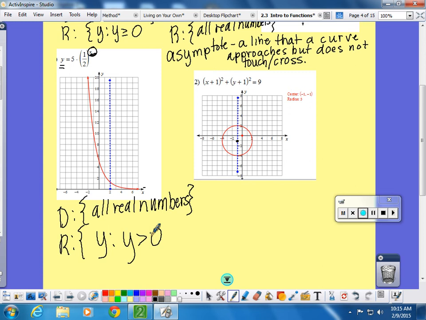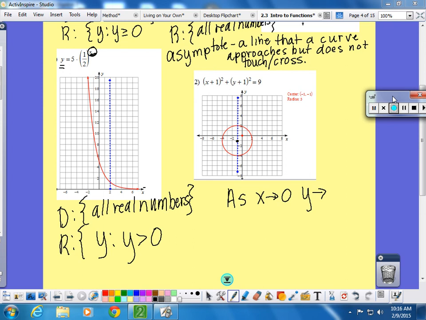This is getting way ahead of the game, but we would say on this curve right here, as x approaches zero, doesn't get there, what does my curve do? It doesn't get curvier, it almost flat lines out, because it's going to approach that x-axis.